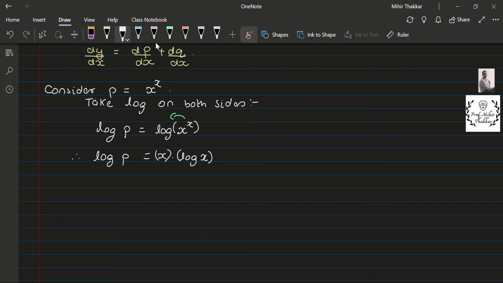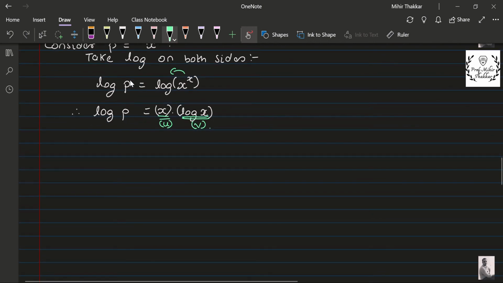So guys, once again, we consider this is u and this is v. So the derivative of log p, when I want to find, I have to find right over here, differentiating with respect to x.